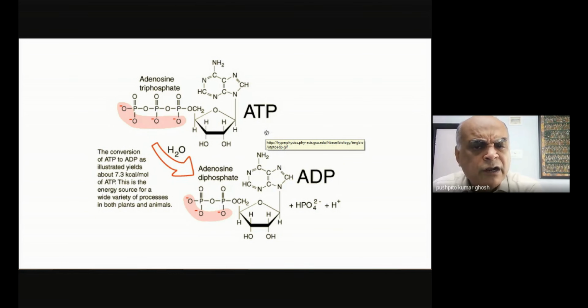Not a very high energy release, but it's still substantial. And nature has a beautiful trick where it combines the energies of several ATPs and gets quite a bit of energy for its processes. It's not just one ATP. You may require 6 or 7 ATPs, or 9 ATPs can get generated in a process.